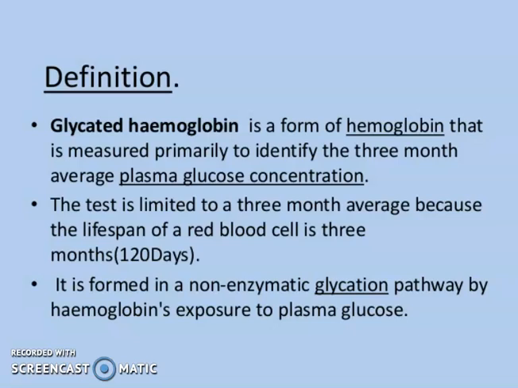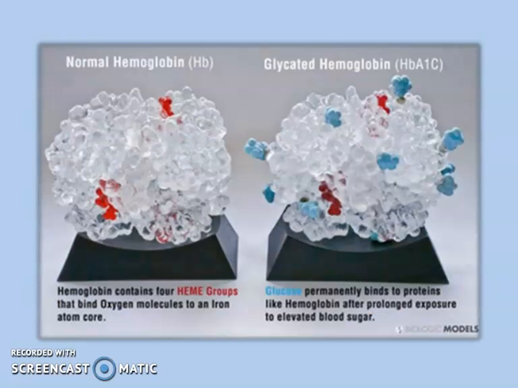The test is limited to a 3-month average because the lifespan of a red blood cell is 3 months, 120 days. It is formed in a non-enzymatic glycation pathway by hemoglobin exposure to plasma glucose.